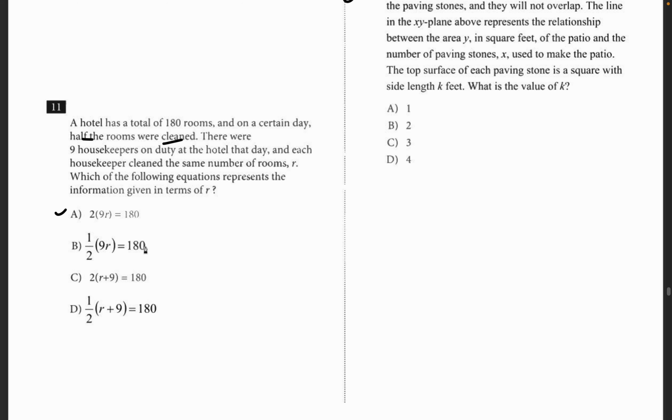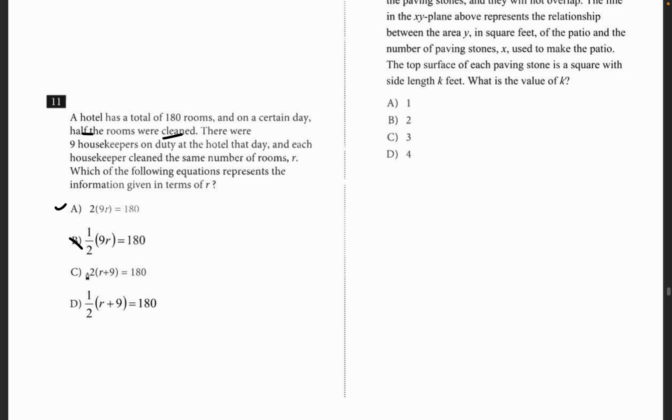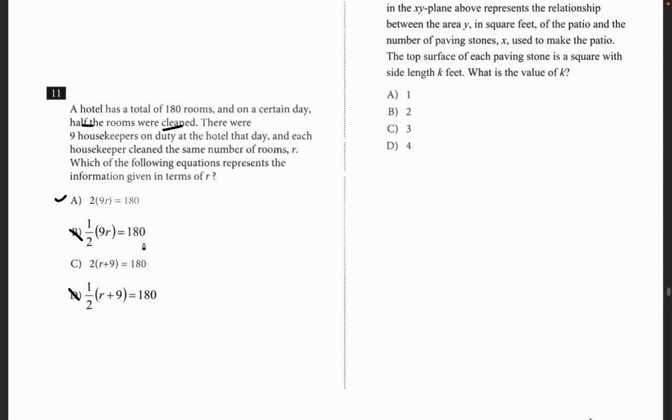This we multiply by 2, we get 360. That's wrong. And this one is wrong. So we're left between two choices. We divide by 2, we get 9r equals 90, sorry. Divide by 9, you get r equals 10.